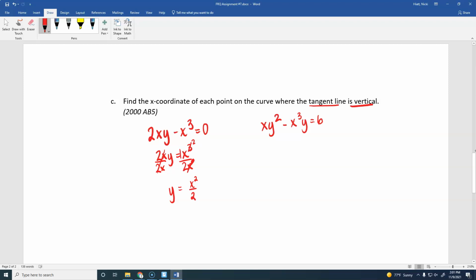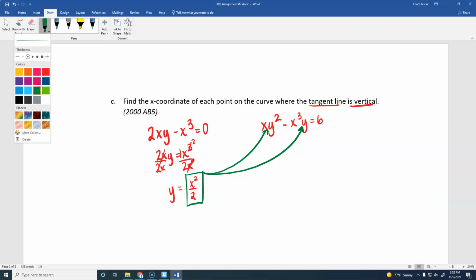You can think of it like that, or you could do 1/2 x squared. Move your x over, divide by 2x. I just reduced there. So now we can take this and replace our y's in our original equation. This is substitution here. Advanced substitution.